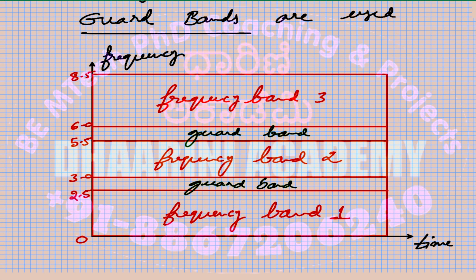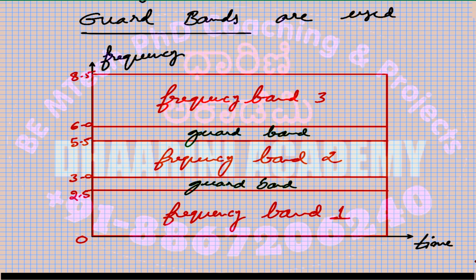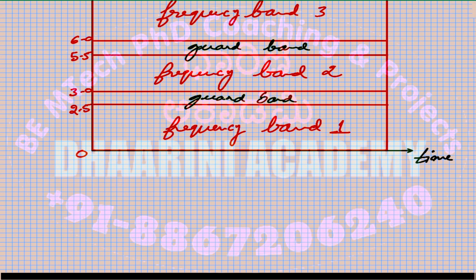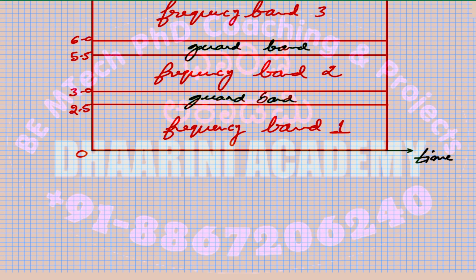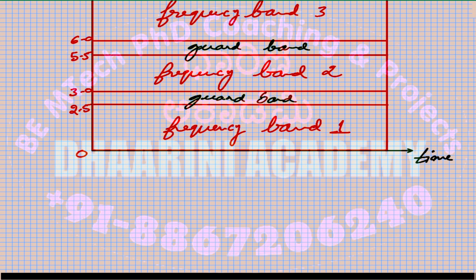Now again, we'll come to the second usage of the guard band. The first usage is that it simply tries to avoid the interference between the channels. Now let us say user one wants to communicate with somebody on the other side, maybe a telephonic conversation.